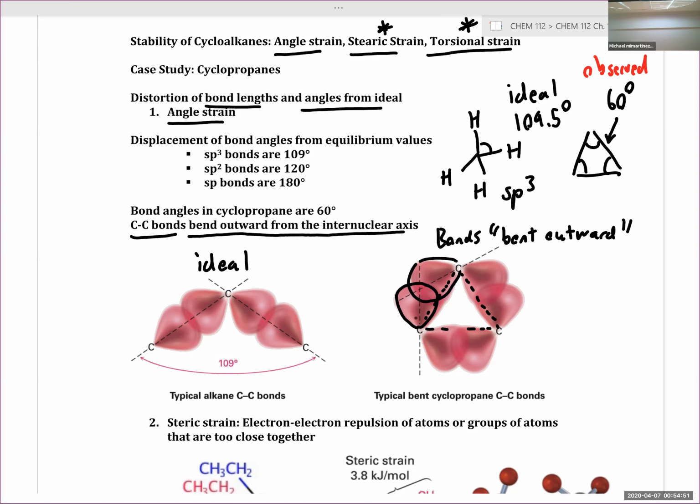Weaker, yep, exactly right. So because of the unique geometric requirements to have a 3-carbon ring, cyclopropanes are often destabilized as a result of this angle strain. We are bending our carbon-carbon bonds away from their ideal bond angle. Now, this is why cyclopropanes in particular are very high energy systems.